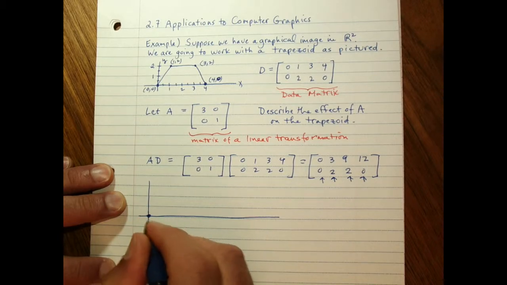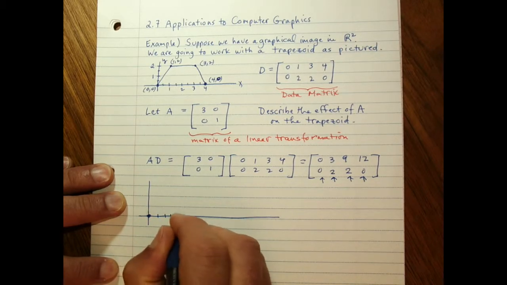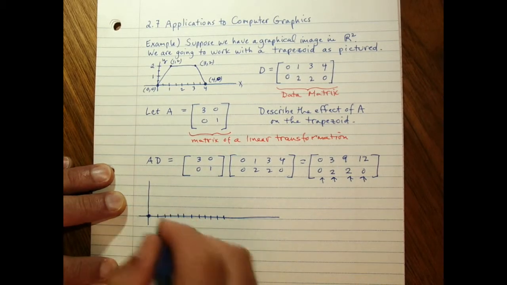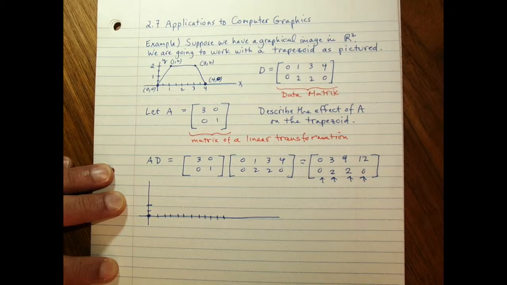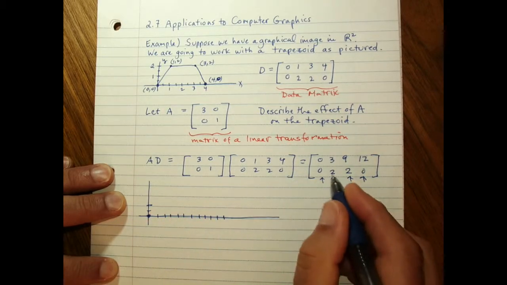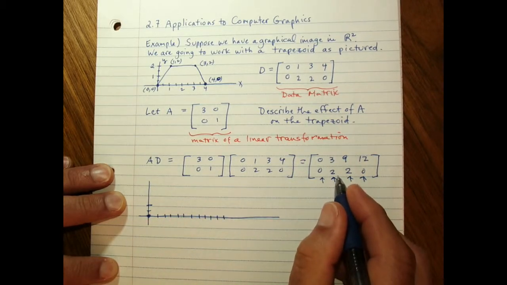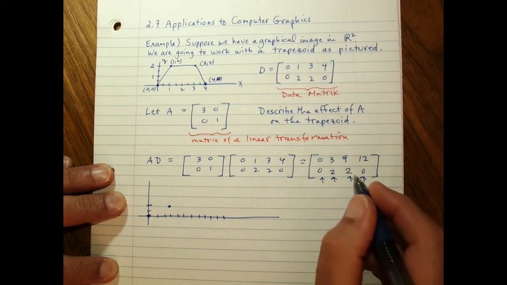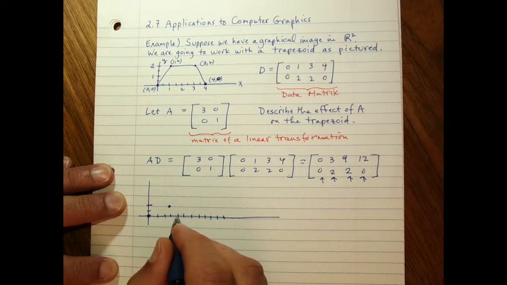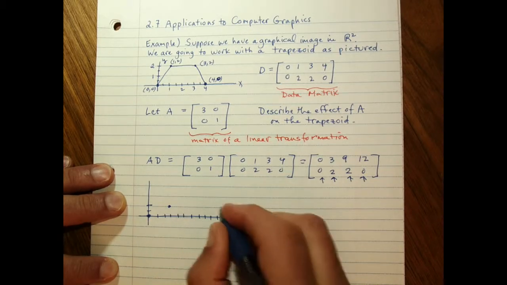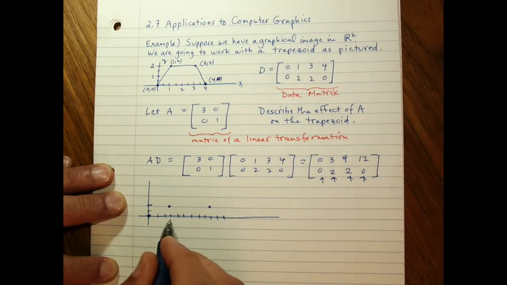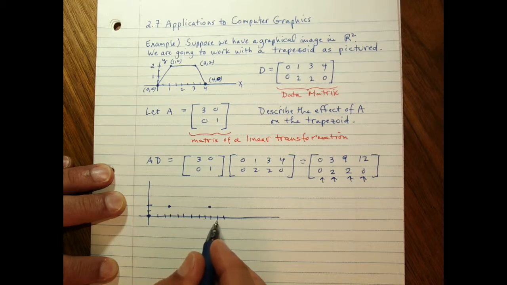So we have 0, 0, then 3, 2, then 9, 2, and 12, 0. I guess I changed my scale a little bit here.